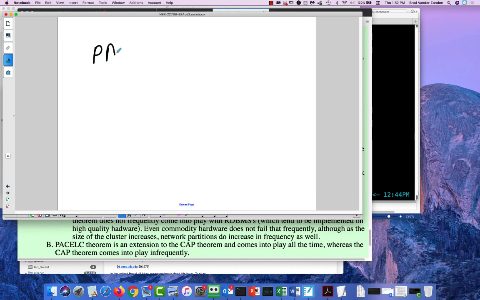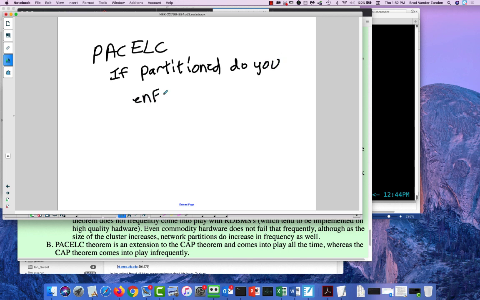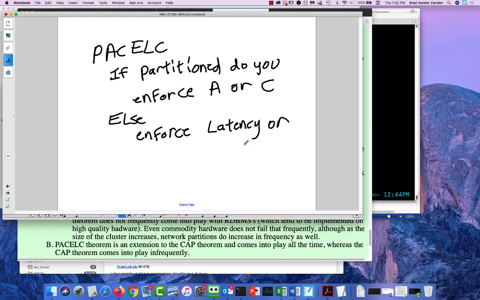It's called PAC-ELC, which says, well, most of the time it's not partitioned. So PAC-ELC stands for if partitioned, do you enforce availability or consistency? Else, it's not partitioned. Do you enforce latency or consistency?